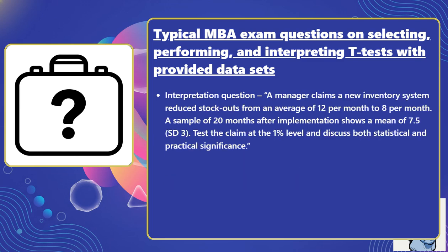Interpretation question. A manager claims a new inventory system reduced stock outs from an average of 12 per month to 8 per month. A sample of 20 months after implementation shows a mean of 7.5, standard deviation 3. Test the claim at the 1% level and discuss both statistical and practical significance.